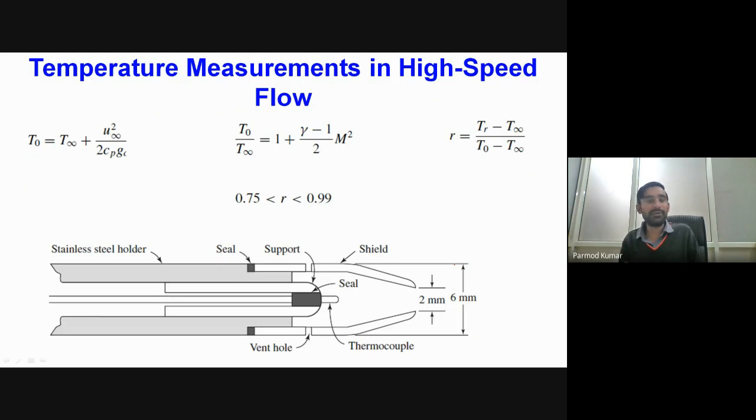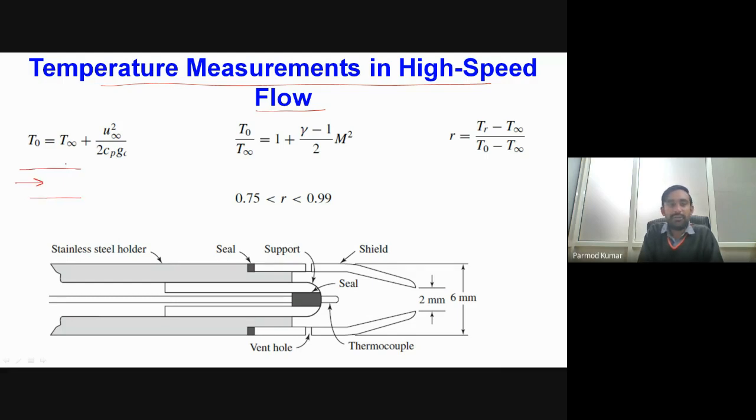Then one important topic is the measurement of temperature in high speed flow. If our fluid is flowing at very high velocity and we insert a thermocouple into our measurement, then close to the sensing element of this thermocouple the fluid will come completely to rest, and the temperature we obtain from the thermocouple will be nothing but a stagnant temperature.